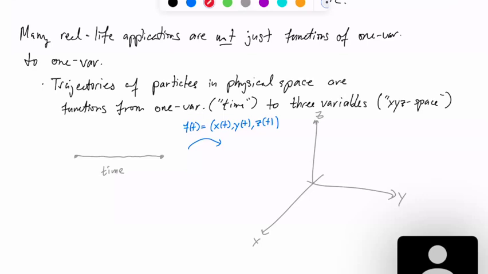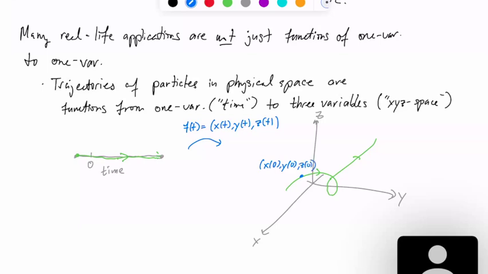And so for each particle here, as you traverse time, let's say in this direction, it's going to trace out some sort of path in physical space, where each point on this path, let's say at time equals 0, you're at some point given in coordinates by x of 0, y of 0, z of 0.